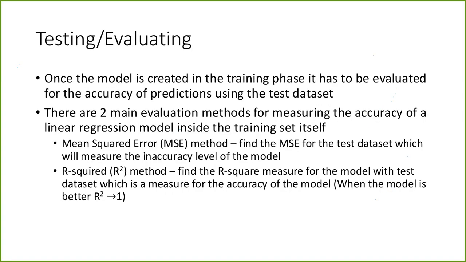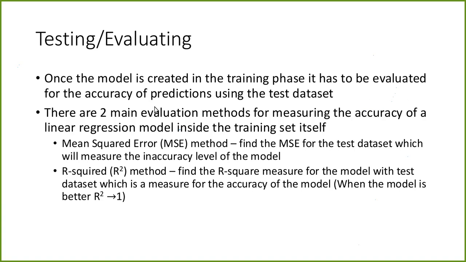So when you evaluate the model, once you have trained it, you have got the values for the beta parameters, right? Now you use a dedicated test set to check how accurate the model is when predicting the values for the testing data set, right?